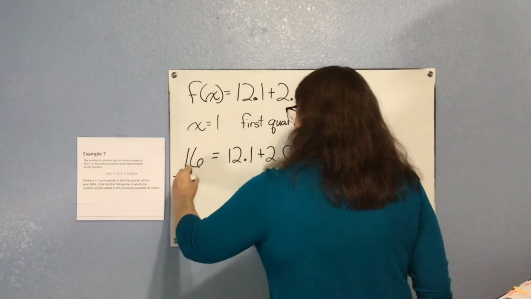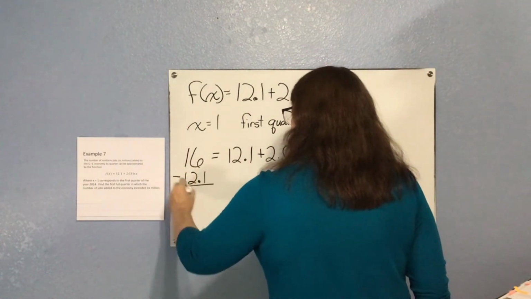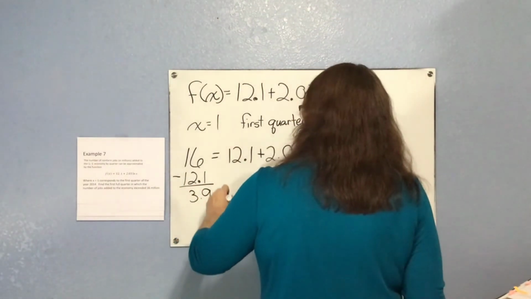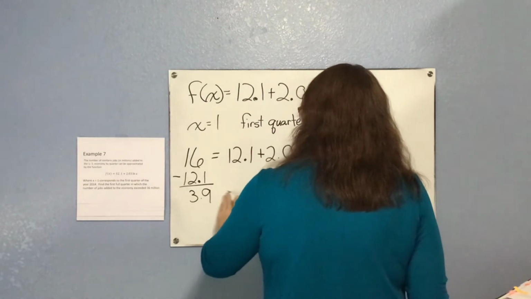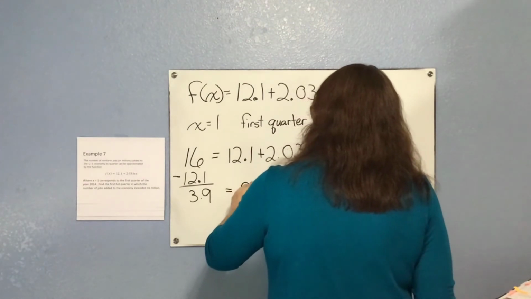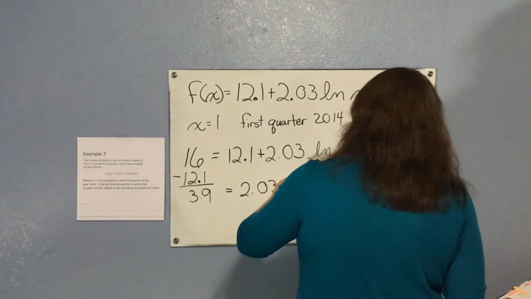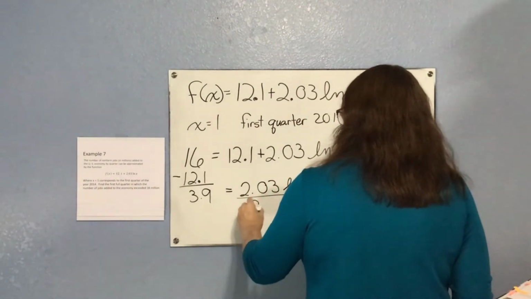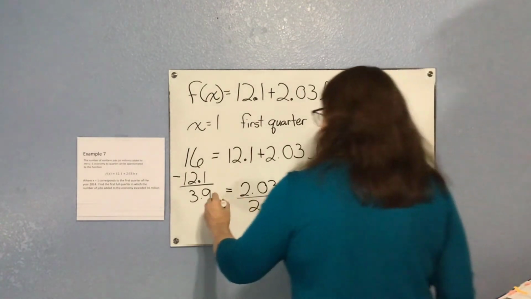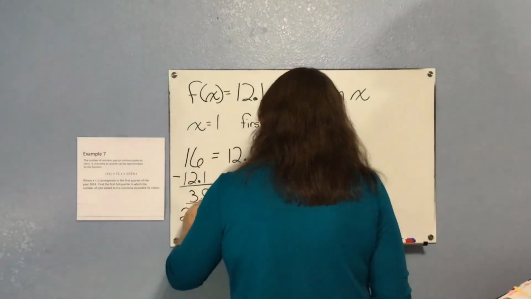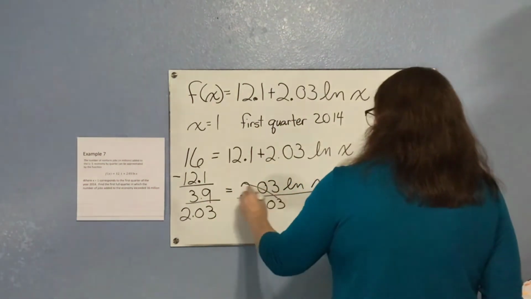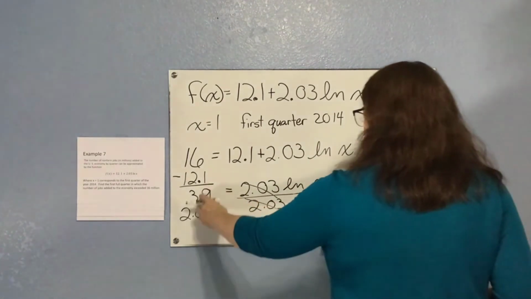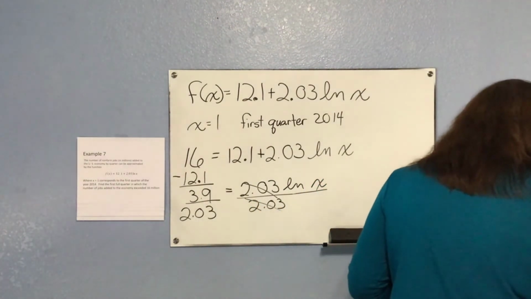So I subtract the 12.1, which gives me 3.9 equals 2.03 natural log of x. And then I'm going to divide both sides by 2.03. And I get natural log of x is 3.9 divided by 2.03.